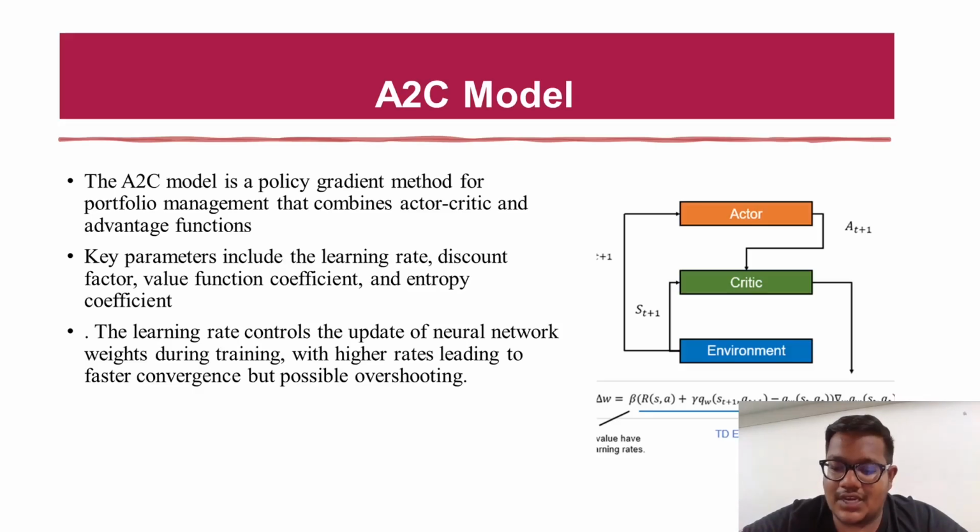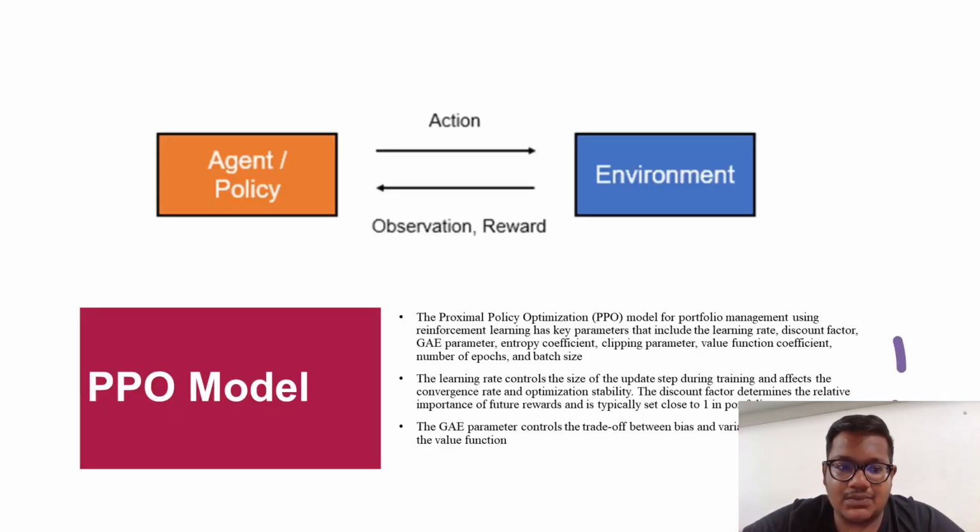So now let's get into the details of the next model, which is the PPO model. The PPO model for portfolio management using reinforcement learning has key parameters that include the learning rate, discount factor, GAE parameter, entropy coefficient, clipping parameter, value function coefficient, and number of episodes and batch size. The learning rate controls the size of the update step during training and affects the convergence rate and stability.